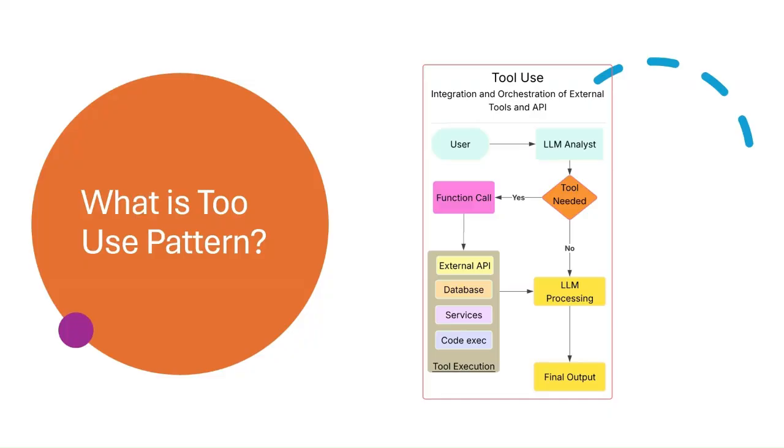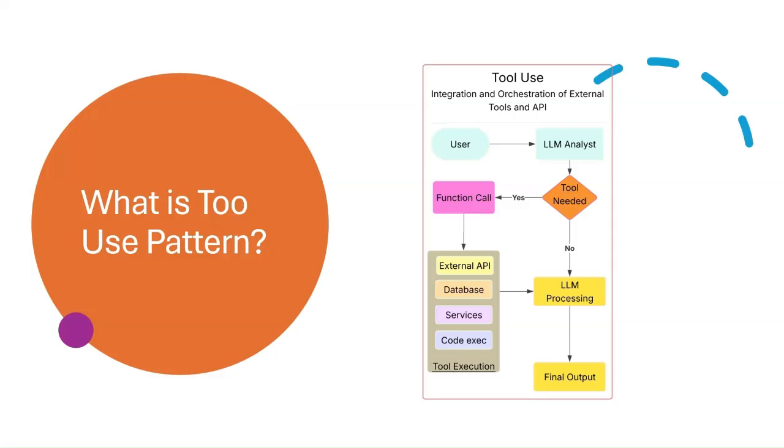Then there is a tool call or function call, which is basically a call generation. After identifying the right tool, the LLM generates a structured request containing the tool name and required inputs. This acts as a bridge between the agent's reasoning process and the external capability that will perform the task. Finally, there is the tool execution, or the result retrieval.